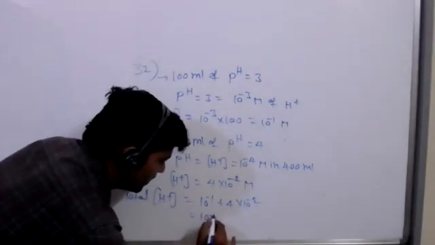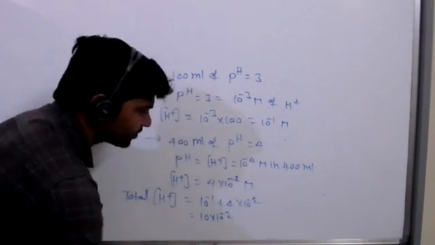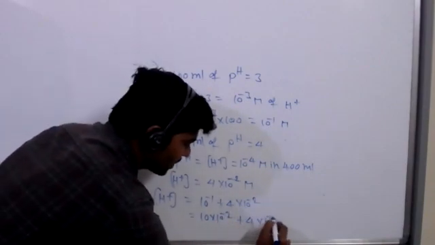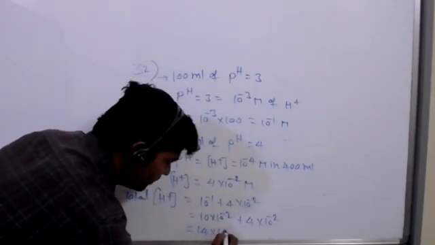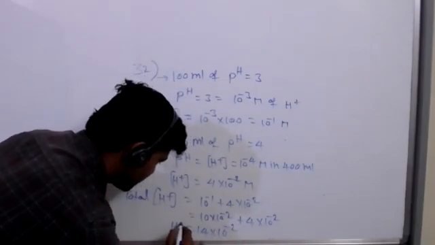We may write this as 10 into 10 power minus 2 plus 4 into 10 power minus 2. Take common 10 power minus 2. We get 14 into 10 power minus 2. This is the H plus amount.